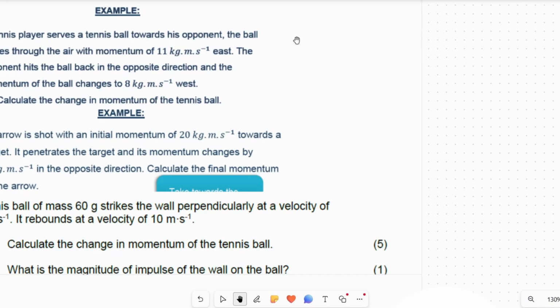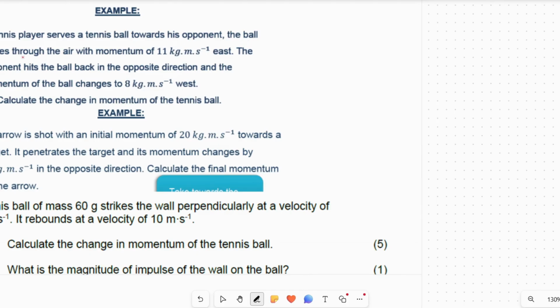All right, so now let's look at one of the examples that are going to help us understand the concept of change of momentum. Let's look at example number 1. A tennis player serves a tennis ball towards his opponent.